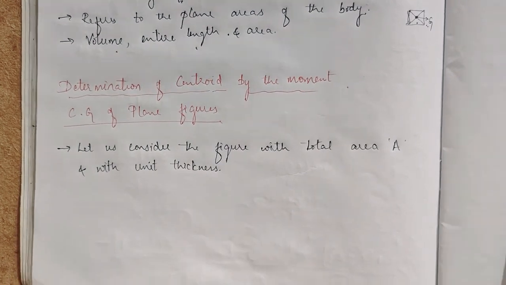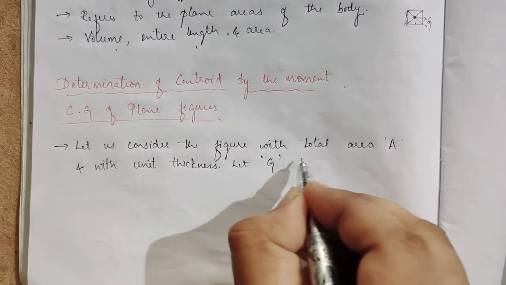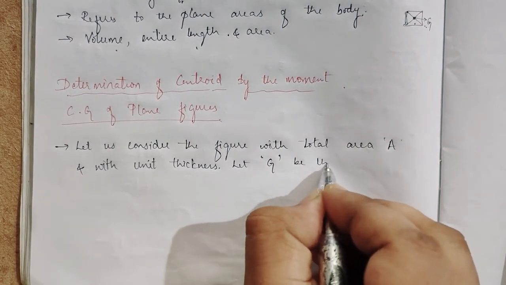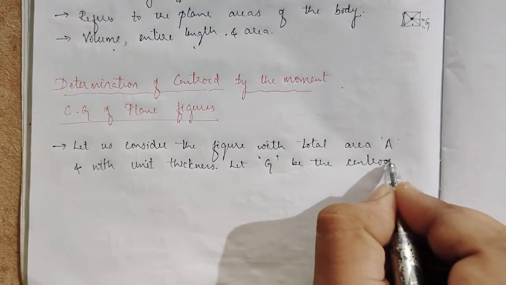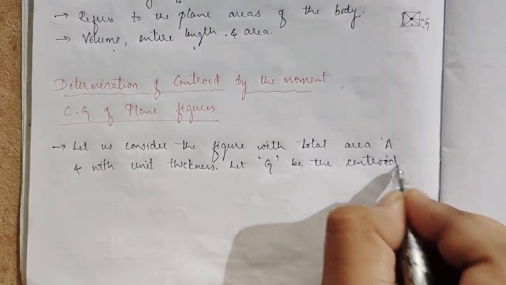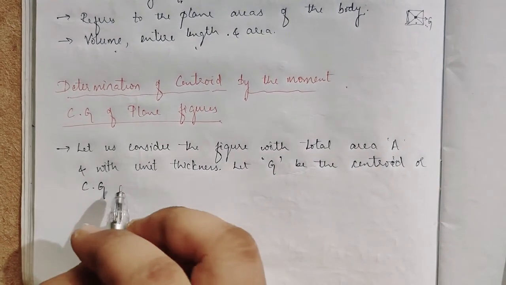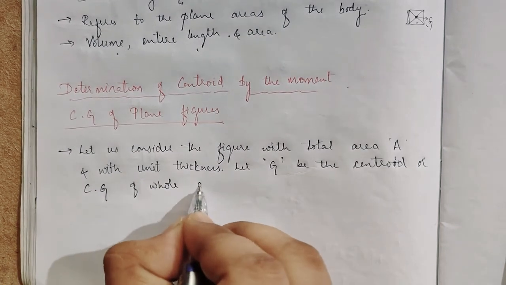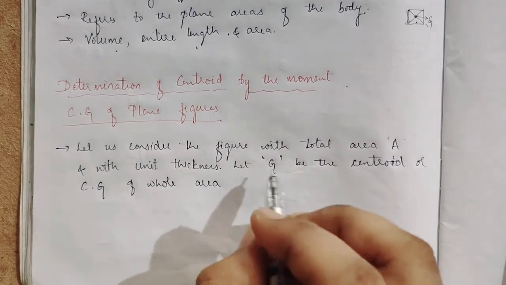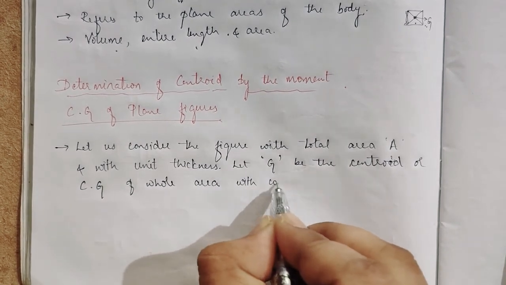Let G be the centroid or center of gravity of the whole area, with coordinates x and y from the axes we have taken.